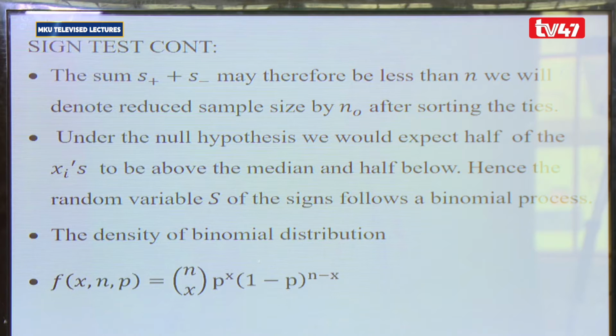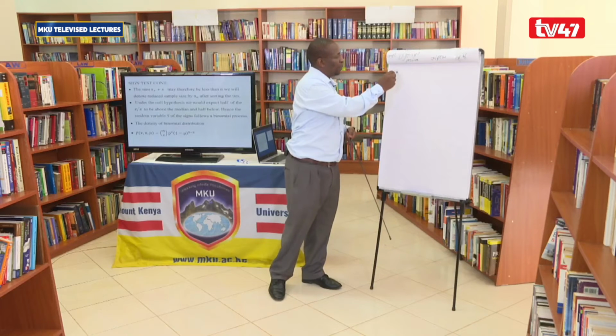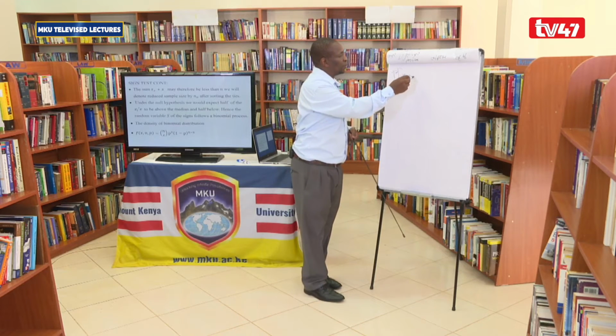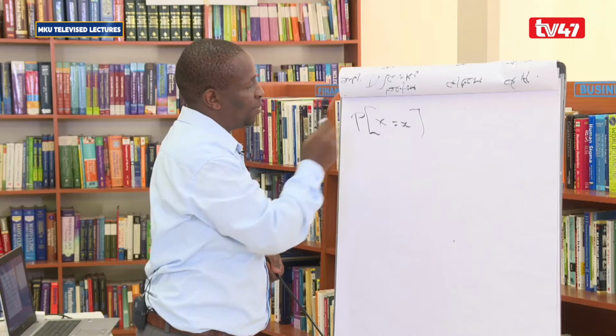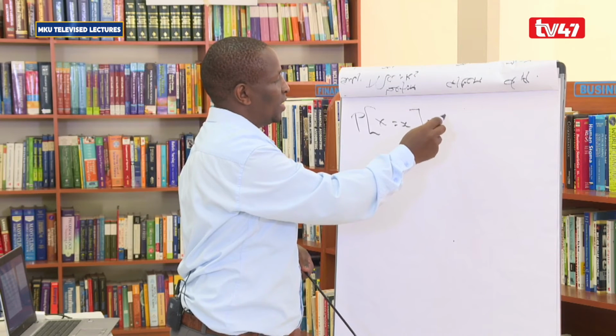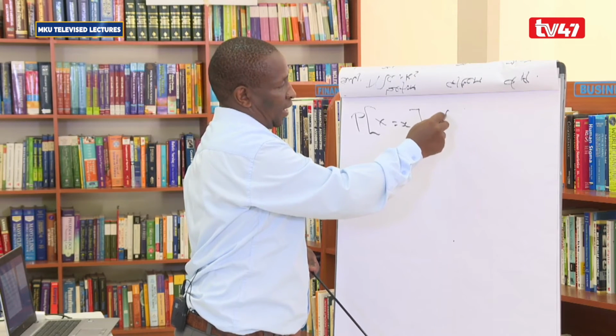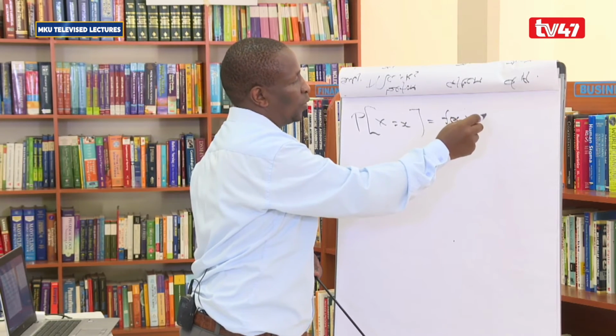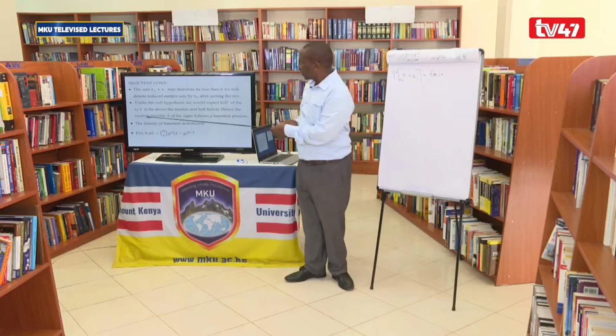So for example, the probability X equals x, where X is the random variable and x is the realization, is simply the f of x, which is equal to this density here.